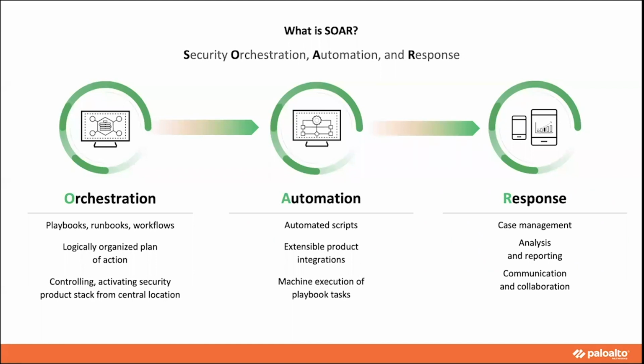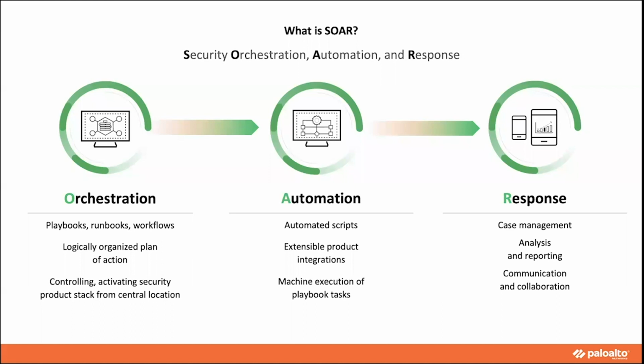Automation is a logical subset of orchestration. And this consists of automated scripts, which most of the security teams today use anyway from an incident response perspective. And these automation scripts are, by virtue of the extensible product integrations, made available by the SOAR platforms working with different security product vendors.